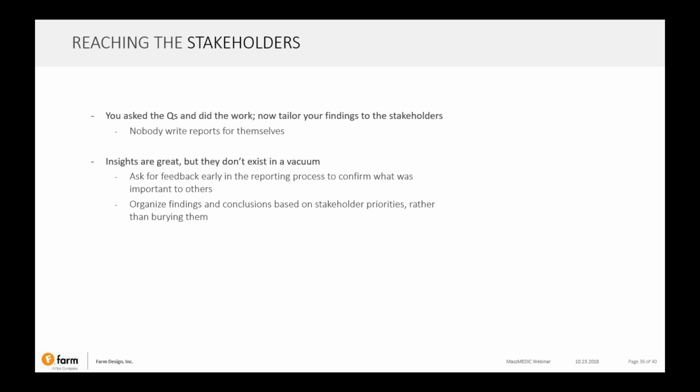And it's great, as you're drafting the report, to ask for feedback early from the people who are around you, whether it was the engineer and designer who accompanied you to the OR in our little case study, or perhaps organizing findings and conclusions based on those priorities that you gathered at the very beginning.